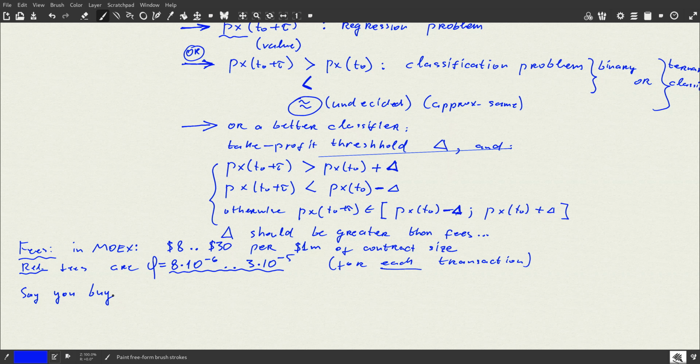So if you buy it, you're trying to make profit at 75, then your fees are 75 times phi per each dollar.